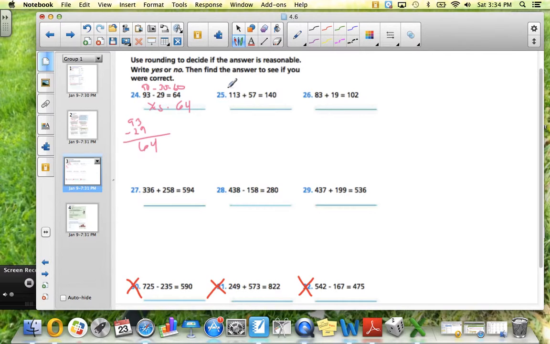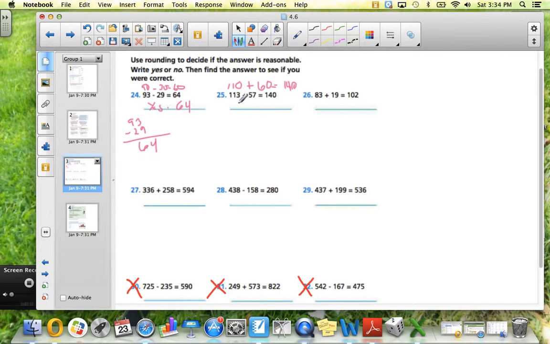Cool? Okay, so number 25, 113 plus 57 equals 140. So I'm going to round this one down to 110 and round 57 up to 60 and just keep this number the same, 140, because it doesn't need any rounding. Okay, now 110 plus 60 equals 140.